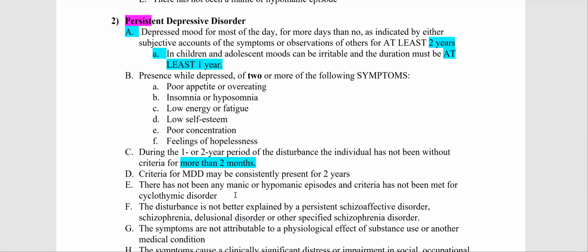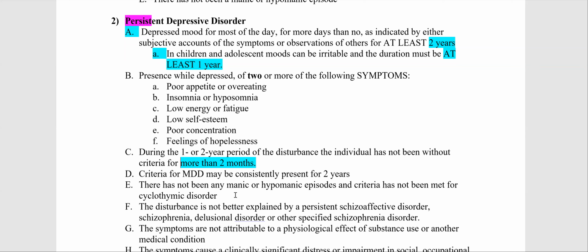So there's not been any manic or hypomanic episodes, and criteria has not been met for cyclothymic disorder. So that mania or hypomania episode would lead us to bipolar 1 or bipolar 2 disorder. And cyclothymic disorder is a version of a mood disorder such as bipolar 1 or bipolar 2, but the swings are more manic than they are depressive.